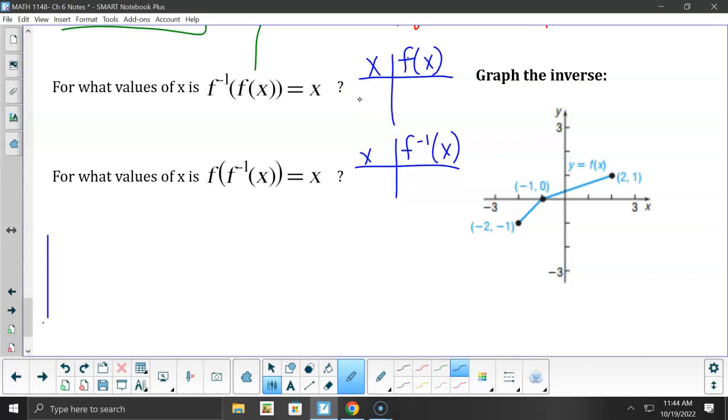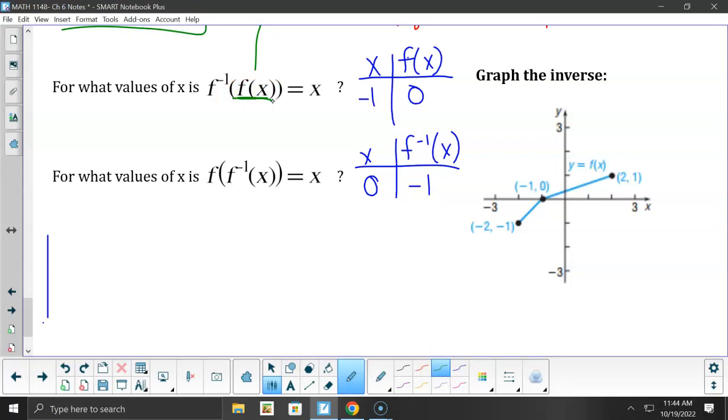So, someone give me some coordinates. -1, 0? Okay. -1, 0. Flip it to find the inverse. 0, -1. Alright, so in looking at this, we have to start off with f of x.